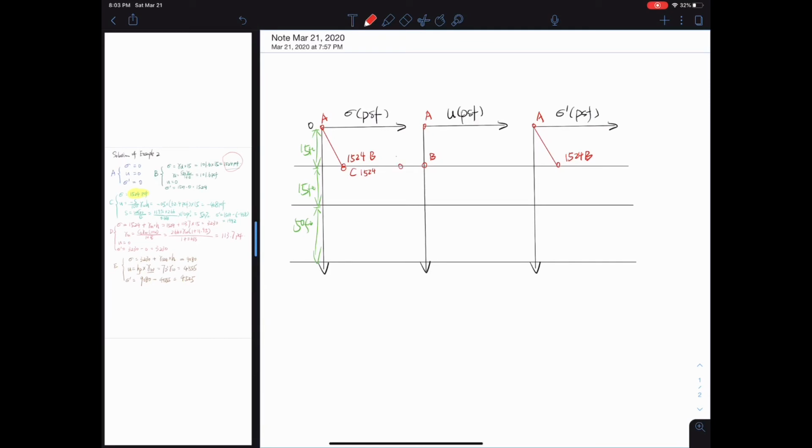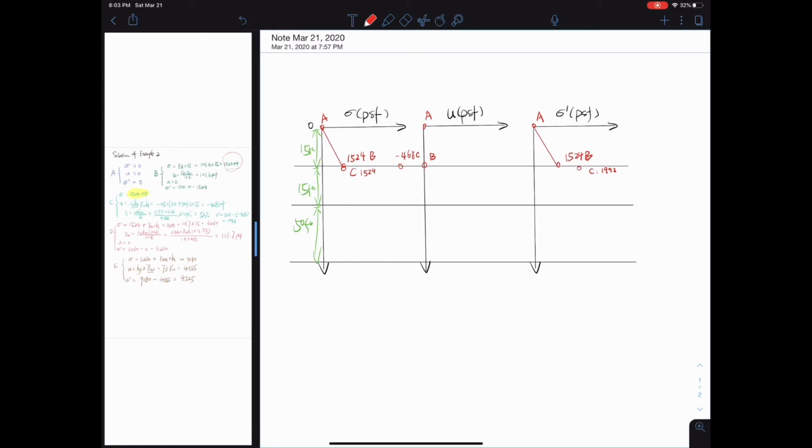It should be 468 here. Is that right? Then for the effective stress of point C, we calculated it as 1992 here.